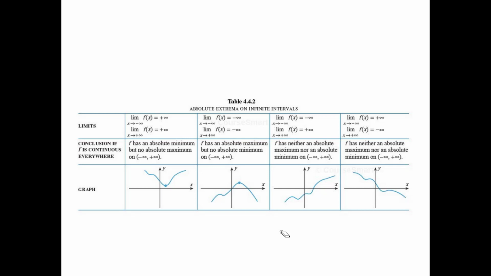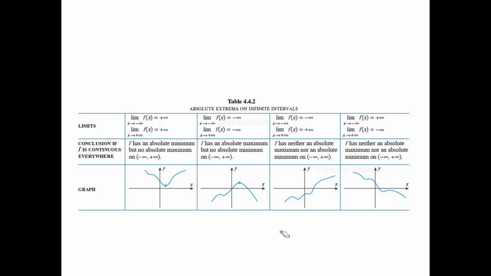So now we're going to look at absolute extrema on infinite intervals, some possibilities. As we said, your polynomial functions take off to positive or negative infinity as you go off to positive or negative infinity. And so those aren't guaranteed to have an absolute max or an absolute min.